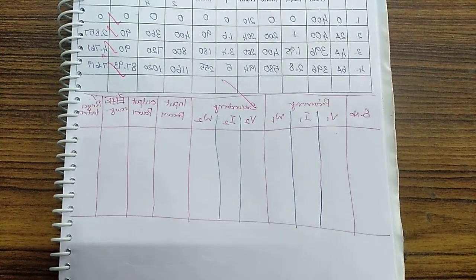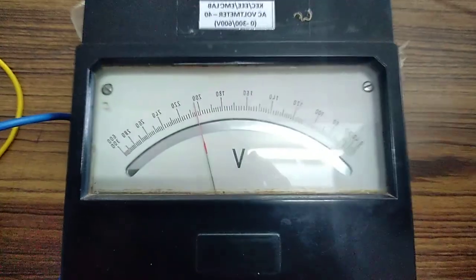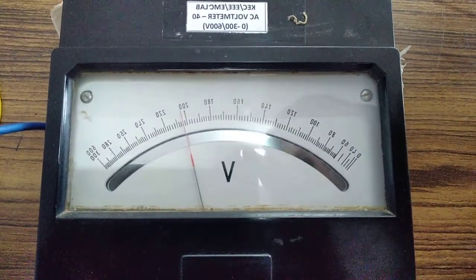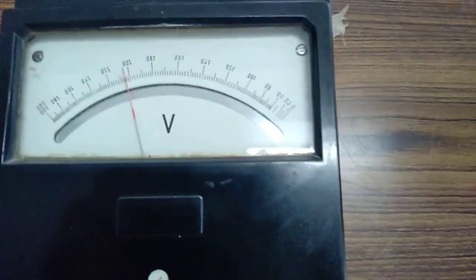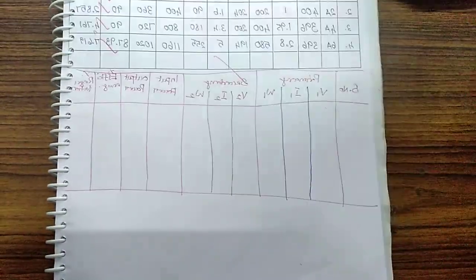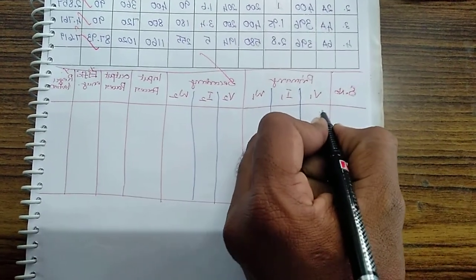So first we measure the reading under no load condition. Under no load condition you can see here the voltage is around 205. You are connected between 0 to 600, but your scale is on 0 to 300, so you have to multiply it by 2. 205 into 2 will give 410.